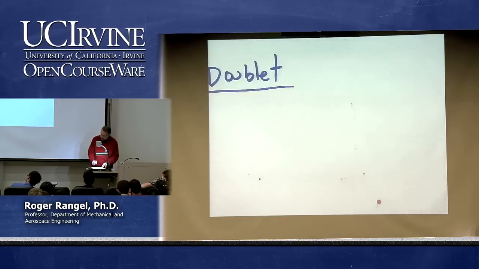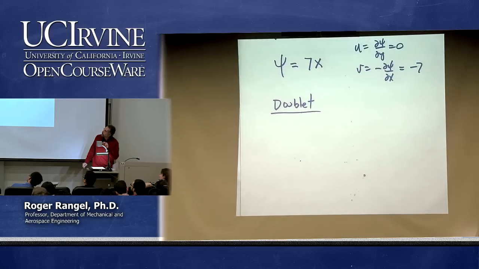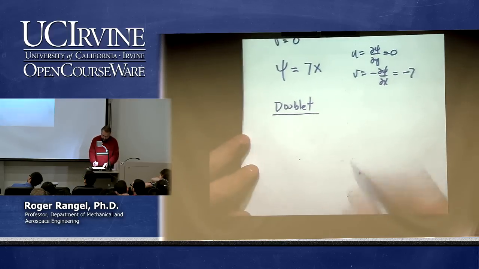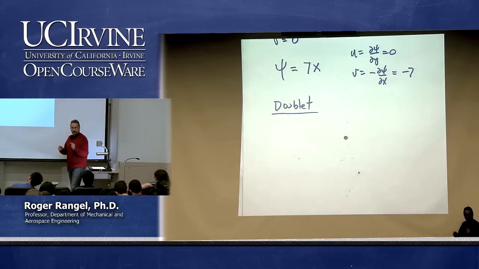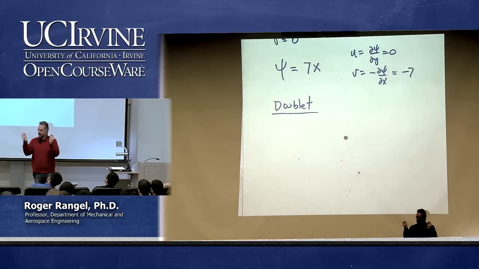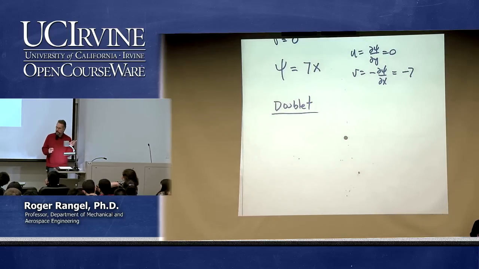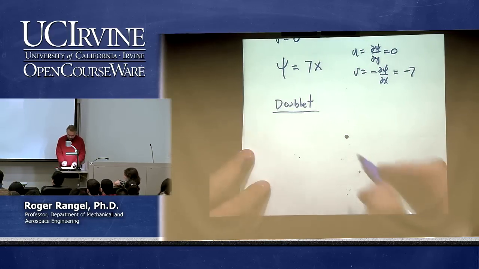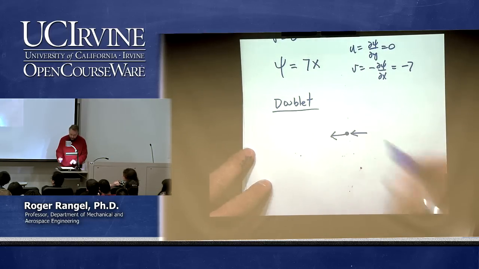So if I put a doublet here, a gigantic doublet, there is an orientation to it because it depends on where the source and sink came from. The way we did it, I think we had the source on the left and the sink on the right. So therefore, the orientation has to be like this.